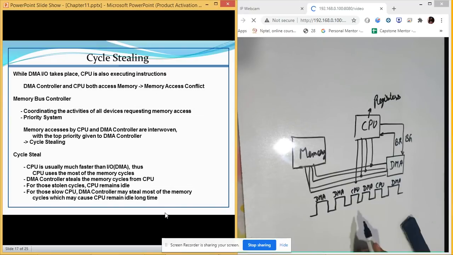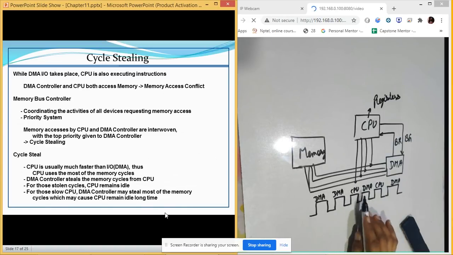Earlier the CPU was the only one accessing the memory. Now DMA simply gets some values out of the accesses of the CPU. So that is known as cycle stealing.